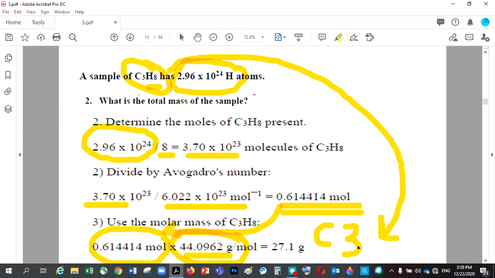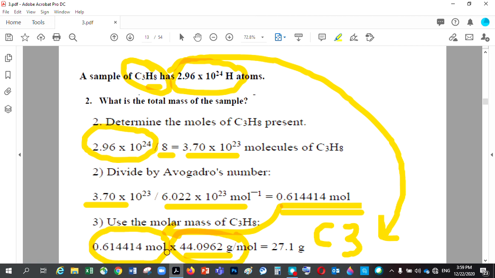Okay, so C3H8, the molar mass: 3 carbon multiplied by 12, that's about 36, plus hydrogen 8 times 1, so that makes 44.